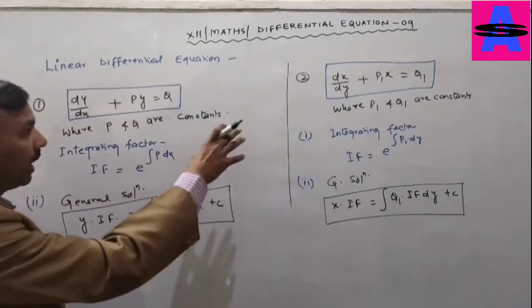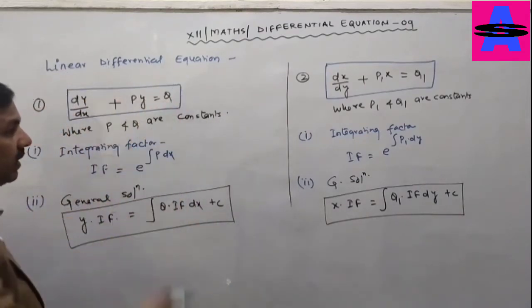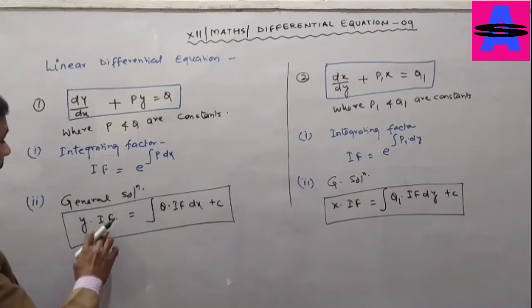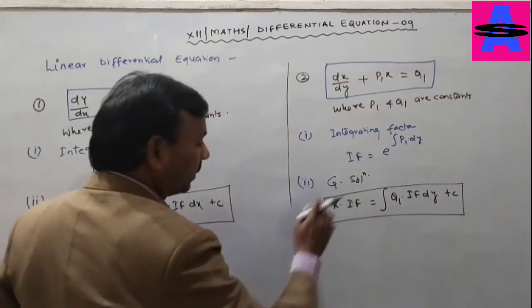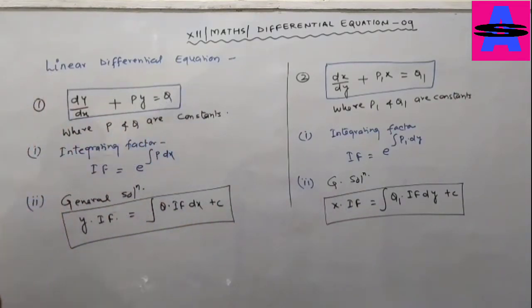So there are two types of linear differential equation, and these are the solutions. Now we will take one example and solve it, and we see how to find the general solution of the given differential equation.